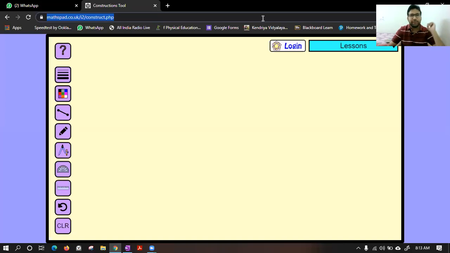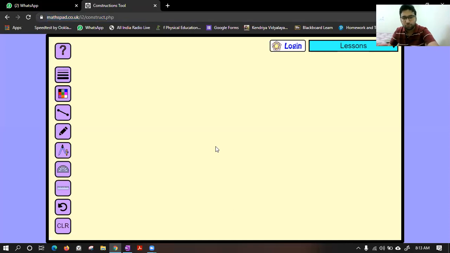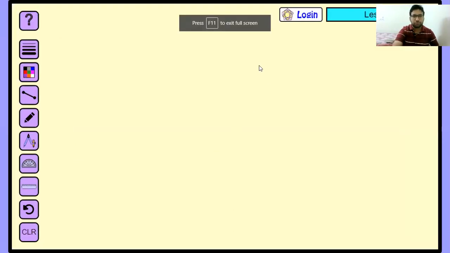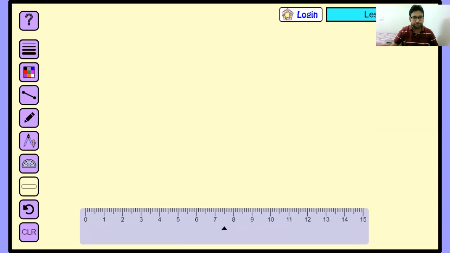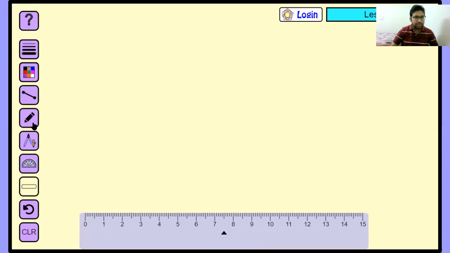Okay, now let's see. The first thing is we will draw base BC equal to 6 centimeter. So first thing is we will draw the base as 6 centimeter from 0 to this point.